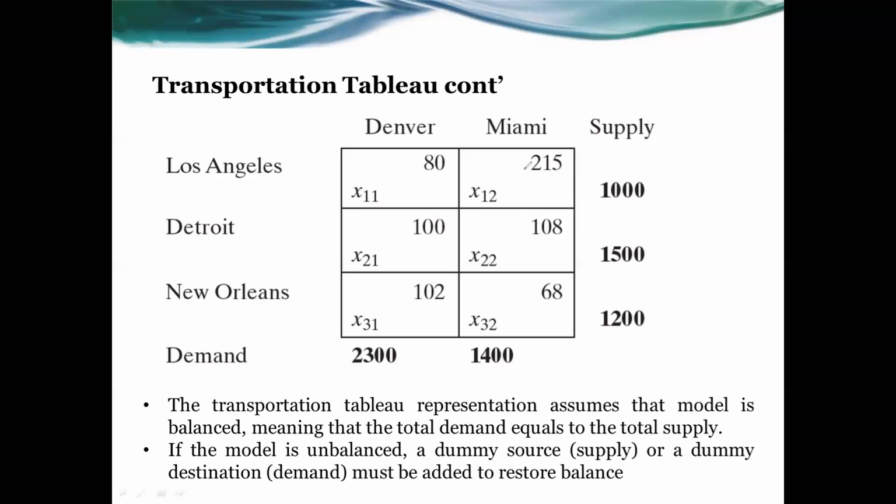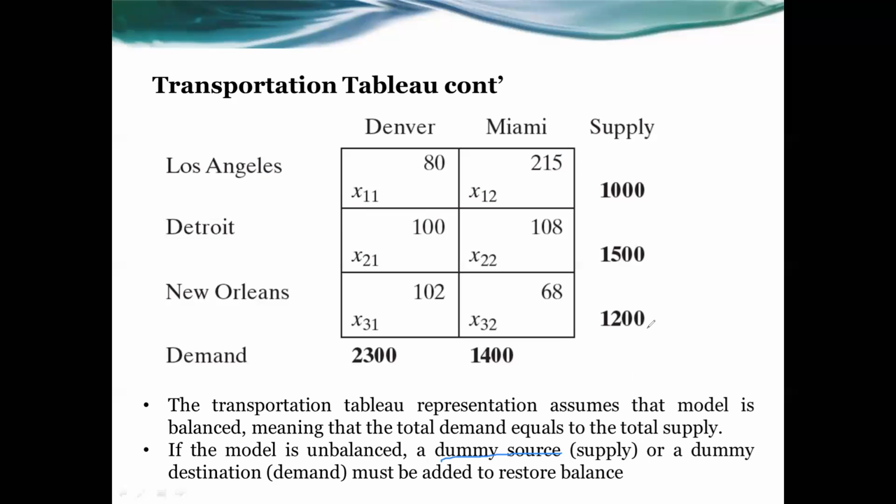Therefore, we first of all make sure that demand and supply are equal. If they are not equal, we have to incorporate a dummy source, or a dummy supply column, or a dummy destination, or dummy row. You can decide whether to take it on the demand side or the supply side.